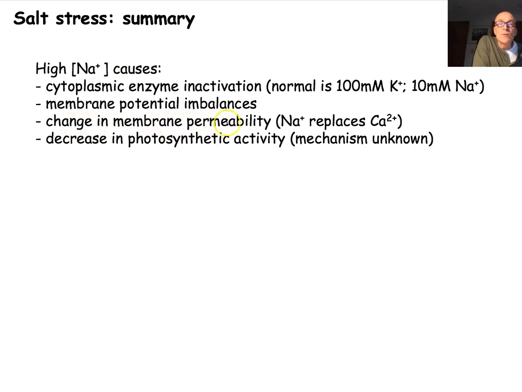It changes the membrane permeability, so the membrane sort of becomes porous or brittle, doesn't really allow things to go through that used to be able to go through or not go through, and it decreases photosynthetic activity. Through mechanisms unknown, I say here, but of course, inactivation of enzymes that are part of the photosynthetic pathway are certainly part of that. All right, so that is it for today.